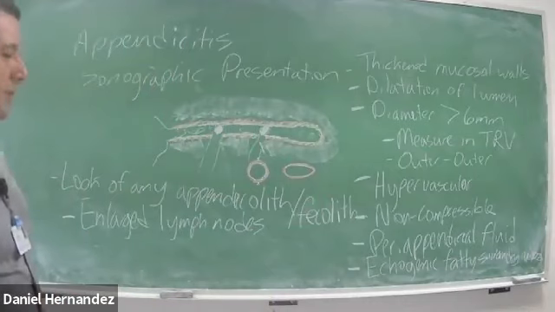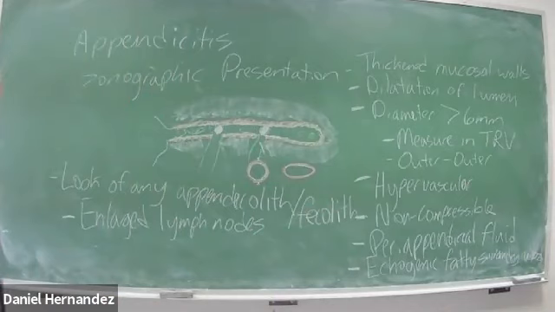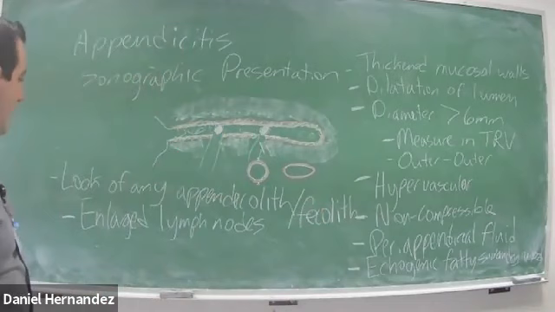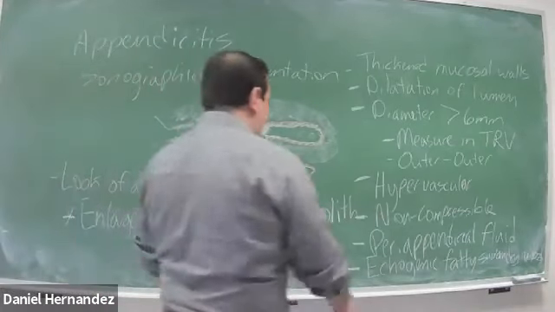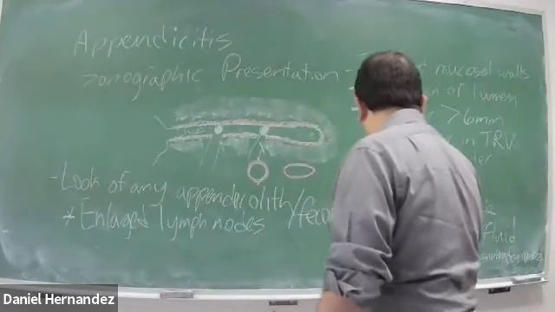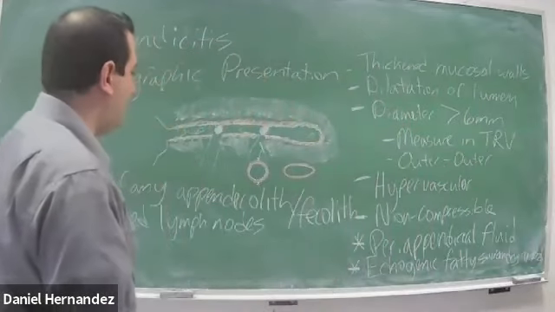So when there's acute appendicitis, it's definitely easier to find. But again, we may not always see it. So we also have to remember to document and look for these other ancillary signs like enlarged lymph nodes, any free fluid. Look for any signs of echogenic fat that can indicate infectious process.